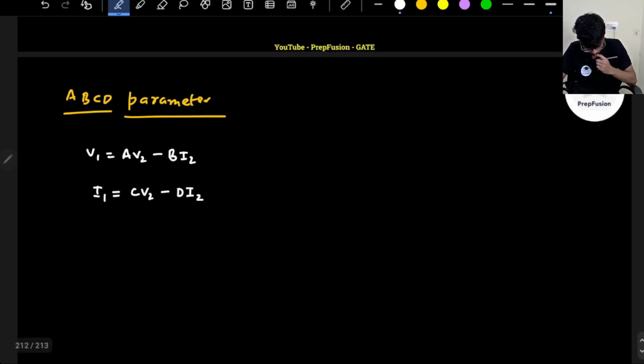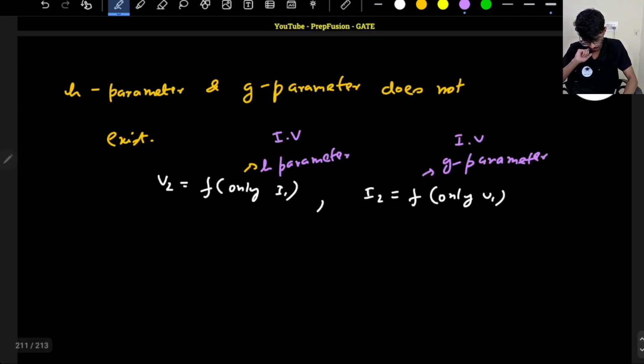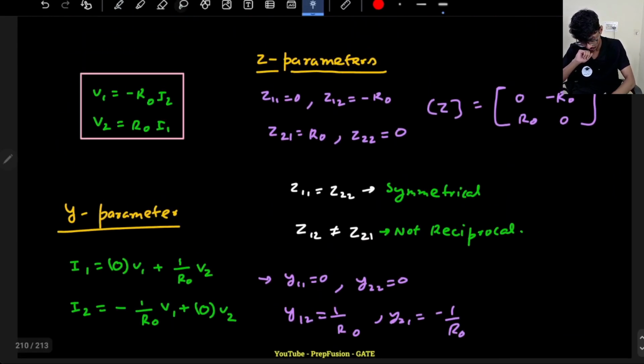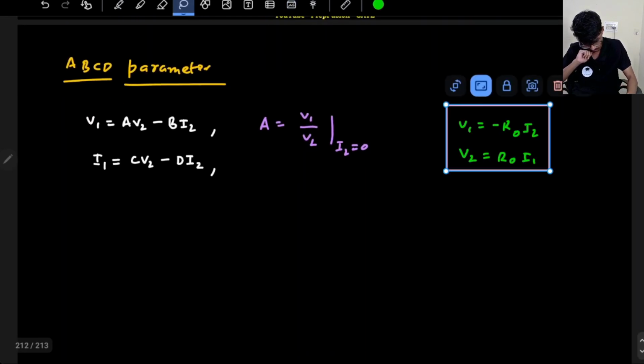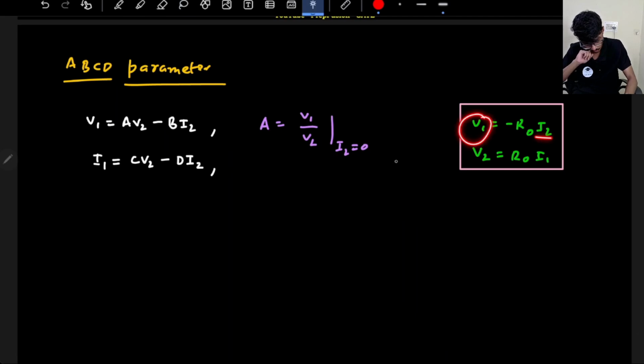Okay, so V1 equals to... so I need the A, right? A will be V1 by V2 when my I2 is 0. So if my I2 is 0, if I copy this equation, then my V1 is automatically 0.